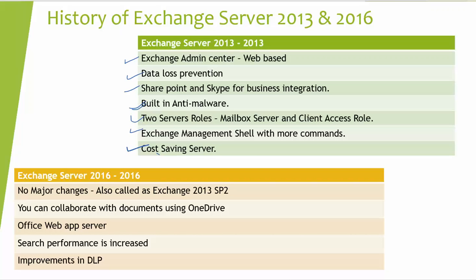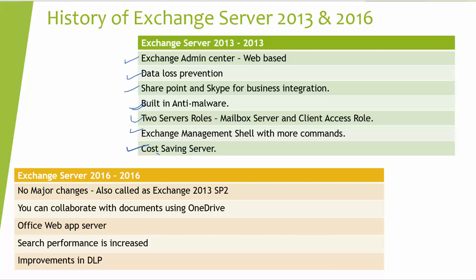There were no major changes again. There were just a little bit of improvements in searching and filtering, and in data loss prevention. They added more features, or made it faster, making sure that the performance is really good.